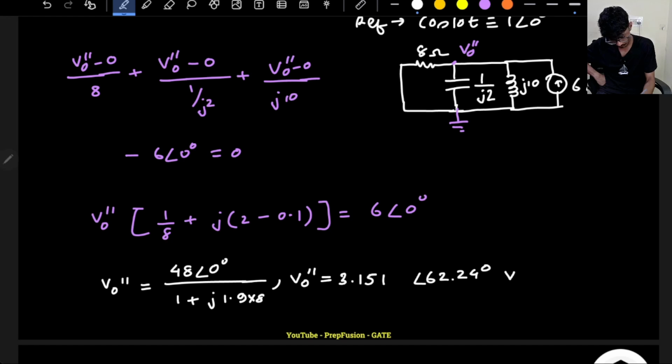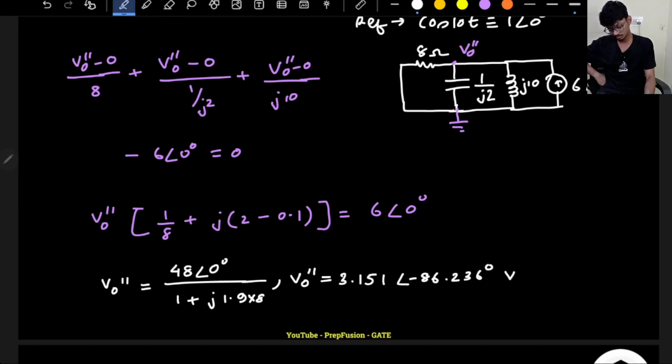So this will come out to be 3.151. And what about the angle? The angle will be very close to minus 90 or something. So this is tan inverse of 1.9 into 8 divided by 1, say minus 86.236.